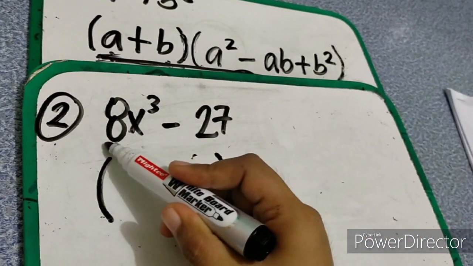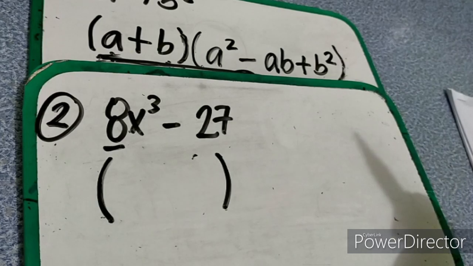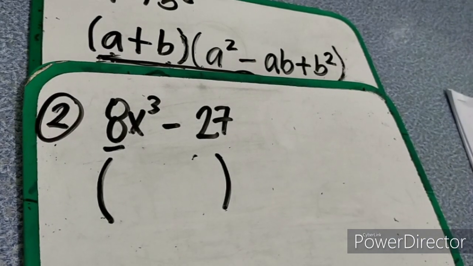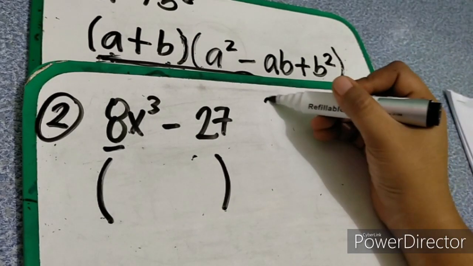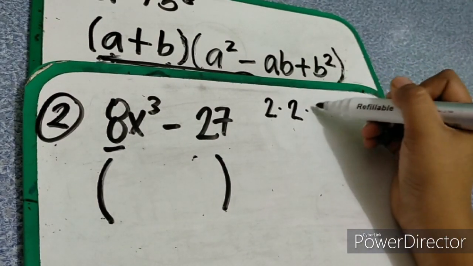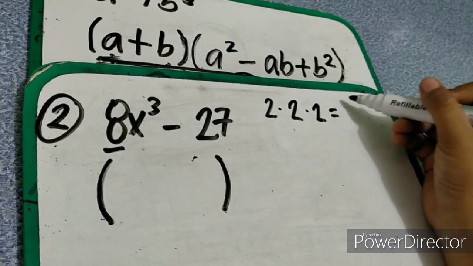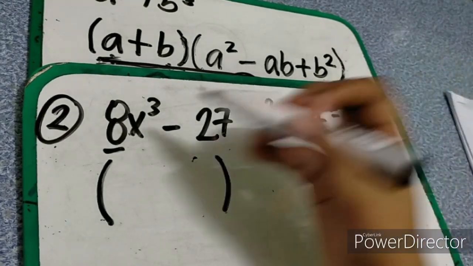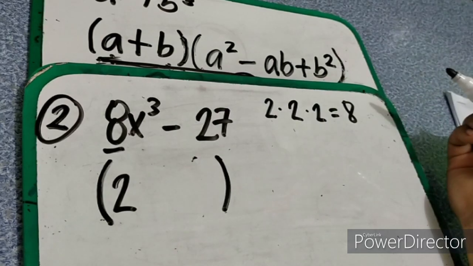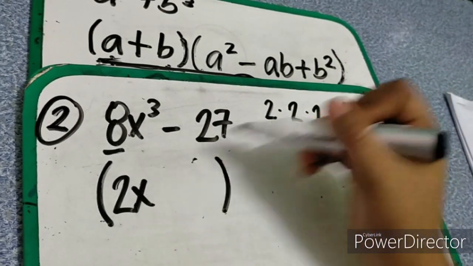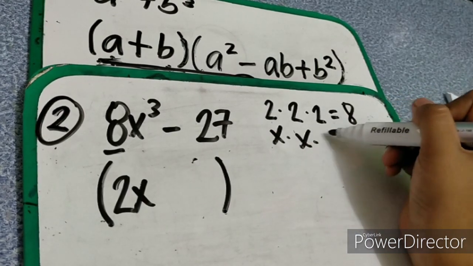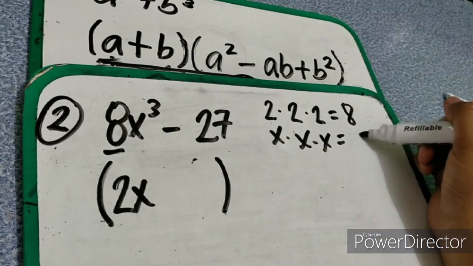Now, think of a number that when you multiply by itself 3 times, the answer is 8. Correct. It is 2. It is 2 times 2 times 2. The answer is 8. So, let's write 2. How about x cubed? Correct. It is x. Because if we have x times x times x, x cubed.